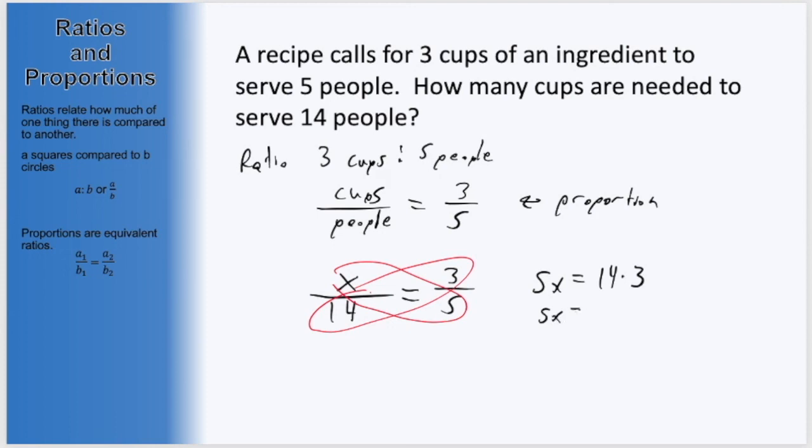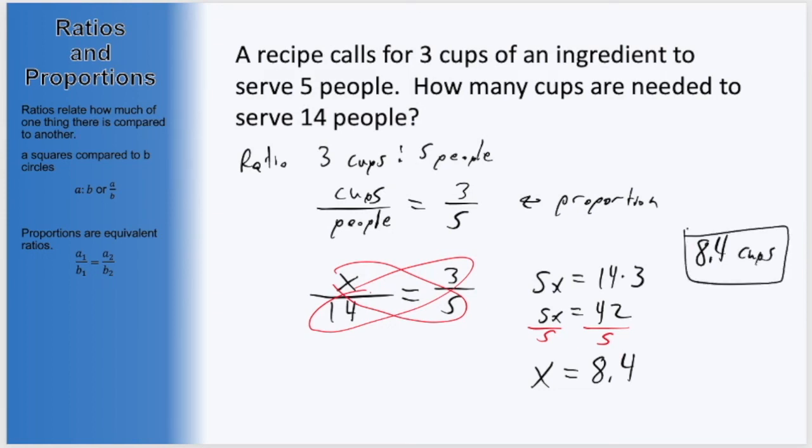This will be 5x now equal to 42. Then dividing both sides by 5 leaves us with x equals 8.4. So in order to serve 14 people, we should use 8.4 cups of the ingredient.